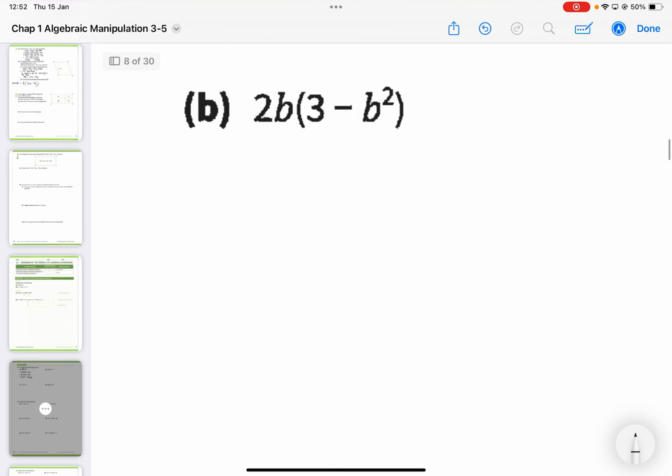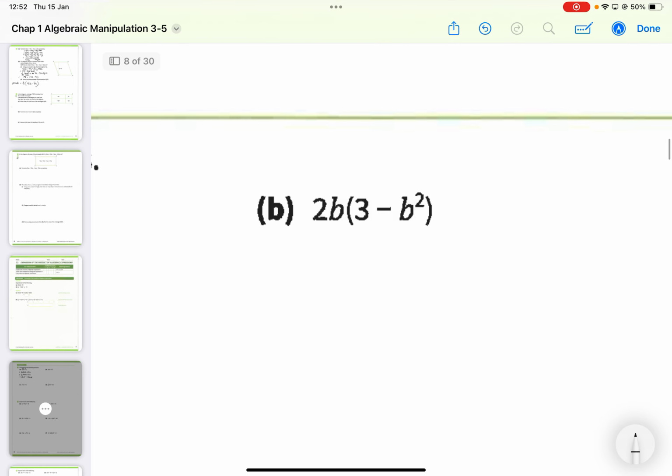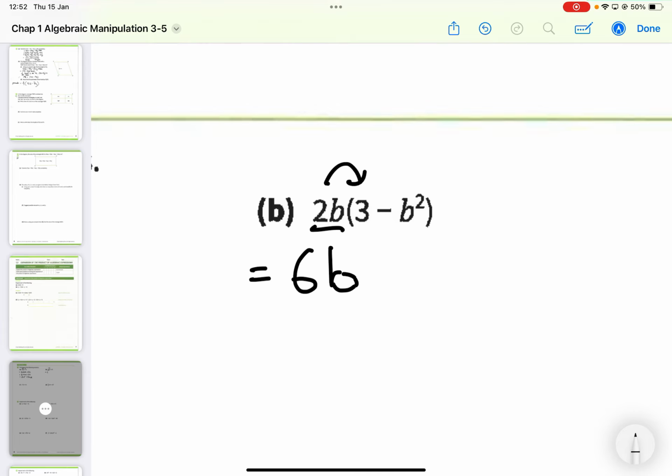Okay. So this one, in front, all together got 2 times B. 2 times B multiply 3. Number and number, we put them together, 2 times 3 becomes 6. So I still have 6 times B. Separately, my 2B multiply to negative B squared.